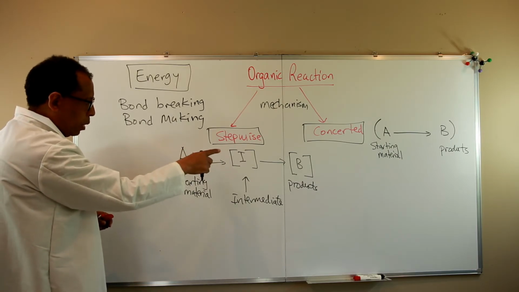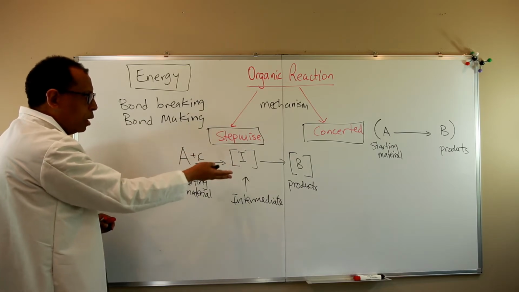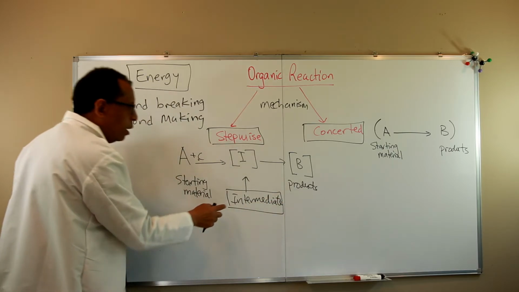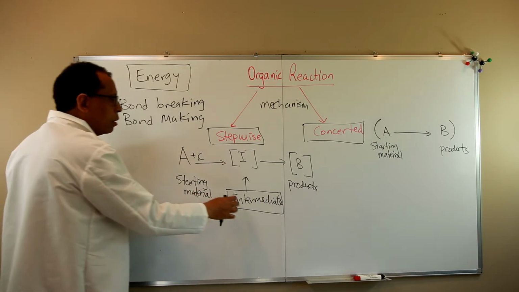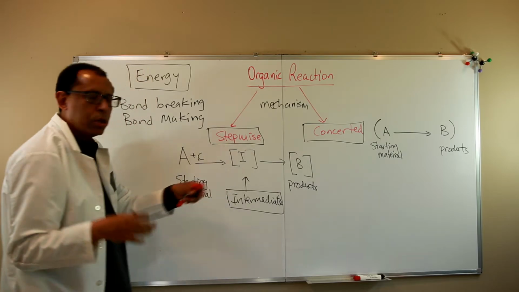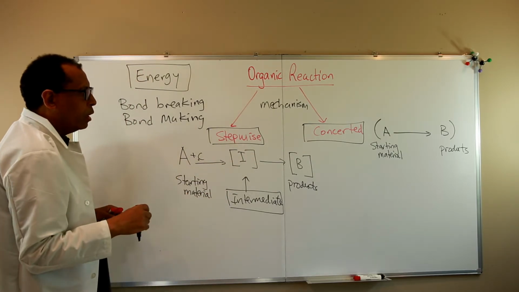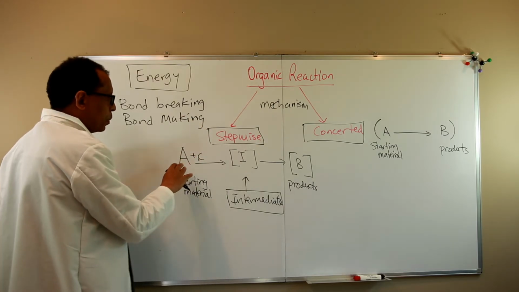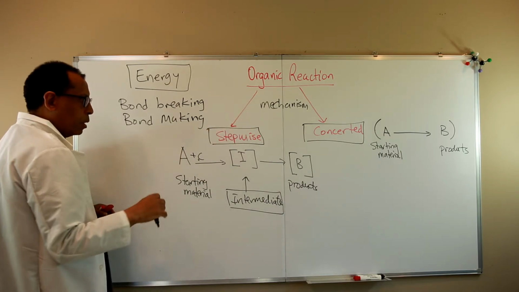And in a stepwise mechanism, a starting material goes to some type of intermediate step or intermediate product. That intermediate product is a high energy species. That intermediate finally, when it reaches equilibrium, goes to products. So in any reaction, you should also remember there is an equilibrium that would be established between the product and the starting material.